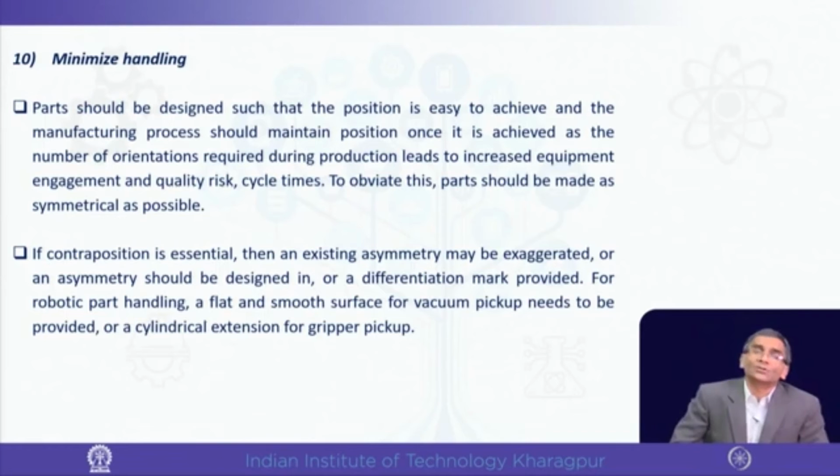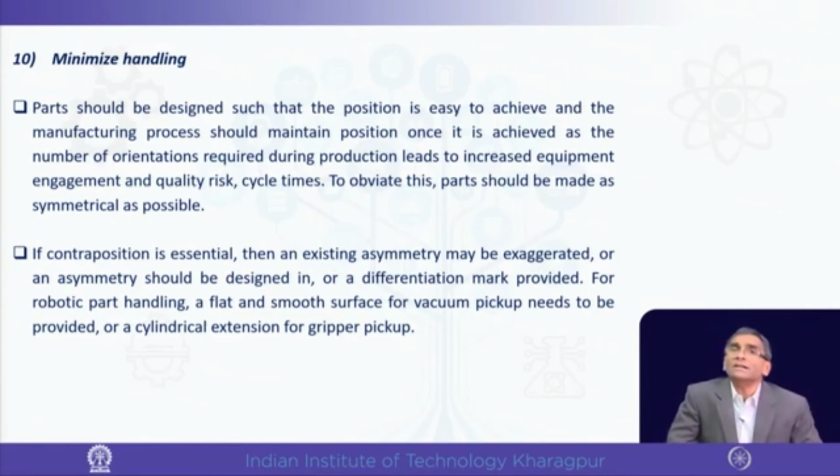And minimize handling. So, this is the last item of the design for manufacturing. Parts should be designed in such a way that, say, if a robot is gripping, something may require a cylindrical part so that the robot arm can grip, or a vacuum pump needs a flat surface so that it can be picked up from there.